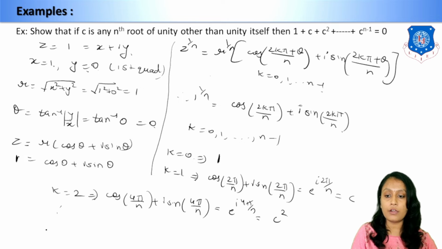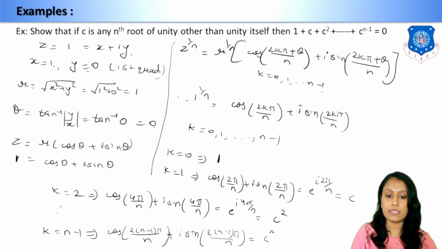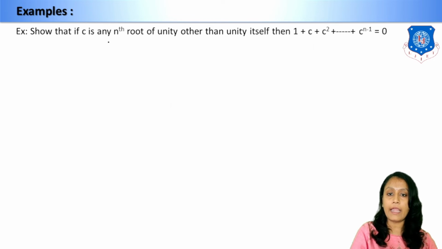Now similarly for k is equal to n minus 1, what will we get over here? This is cos 2 into (n minus 1) pi upon n plus i sin 2 into (n minus 1) pi upon n, and this we will write as c raised to n minus 1. Now we will add all the terms. So this is 1 plus c plus c square up to c raised to n minus 1.